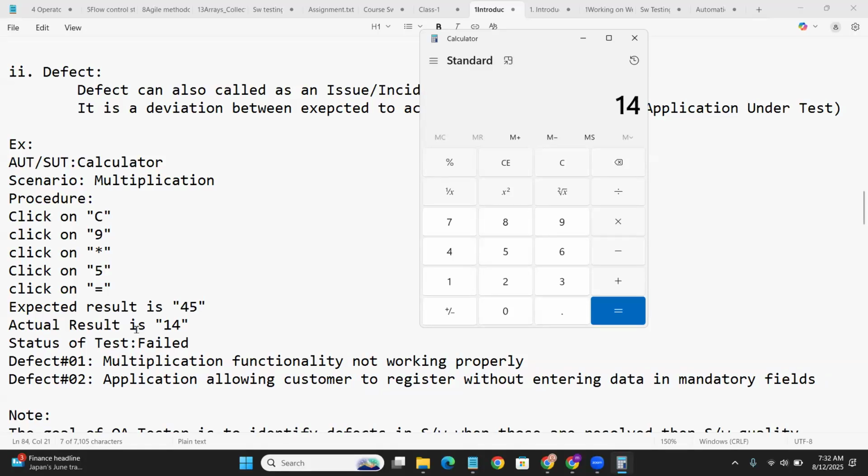So what is the defect here? The application functionality is not working. The multiplication functionality is not working.